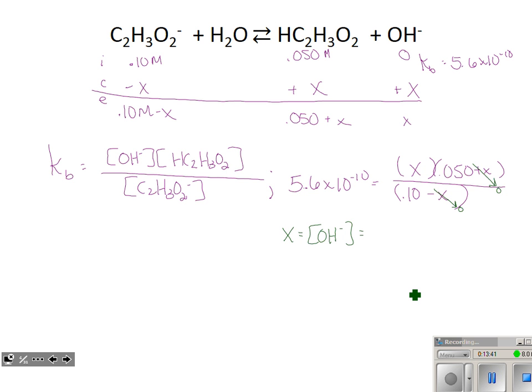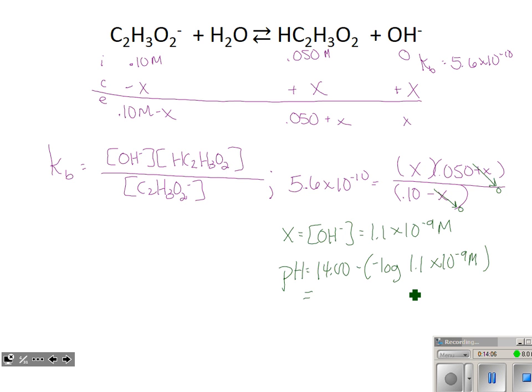I'm getting a concentration of hydroxide, to 2 significant digits, of 1.1 times 10 to the negative 9 molar, and therefore the pH is equal to 14 minus the negative logarithm of 1.1 times 10 to the negative 9 molar.